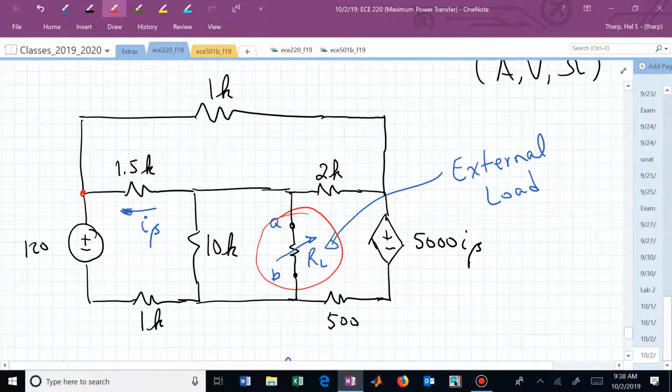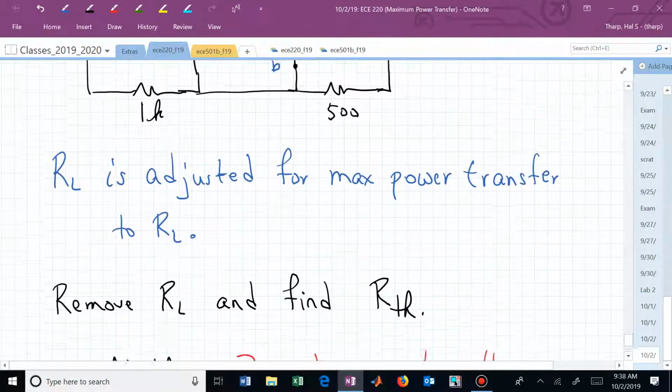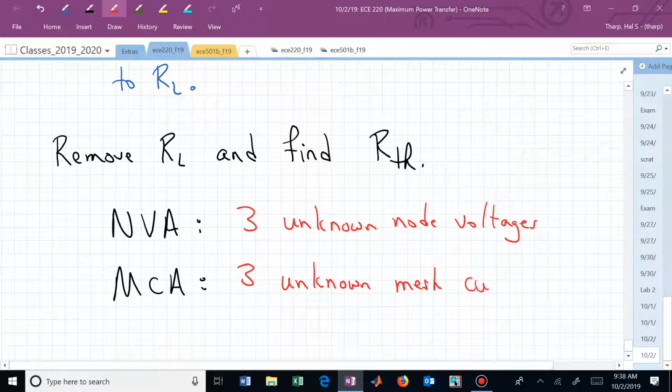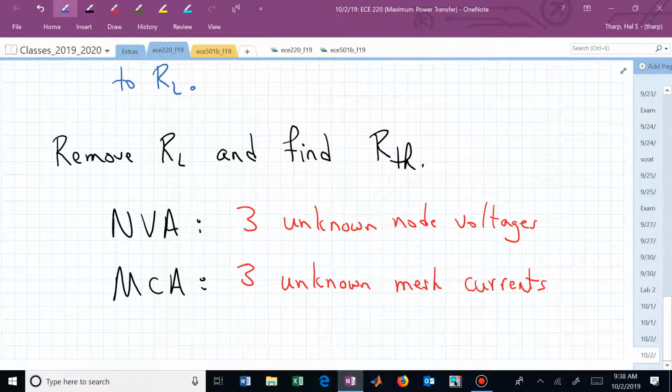That's now removed. So now we see 3 meshes. So it's really sort of 6 of one, half a dozen of the other, which of these we use. We have 3 unknown mesh currents from our 3 mesh equations.